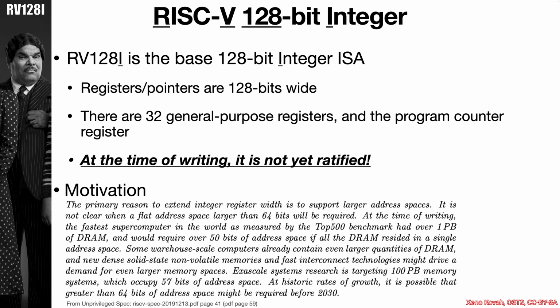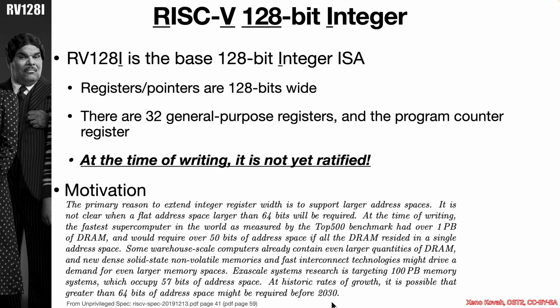And then finally, the last base ISA is the RV128I, and here you move up to having 128-bit wide registers and pointers, but you still retain only 32 general-purpose registers. Now, like RV32E embedded, this is not actually ratified at the time of writing. They gave some motivation, justification, and essentially it comes down to supercomputers and the recognition that sooner or later they're going to need more than 64 bits of space.